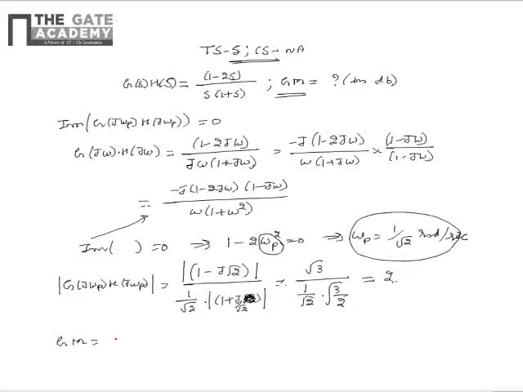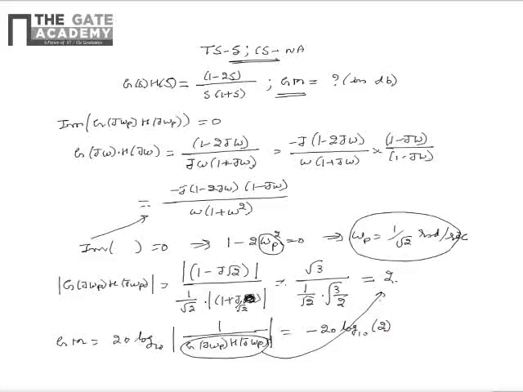So from this, we can say that the gain margin can be written as 20 log 10 of 1 by the magnitude of G(j omega p)H(j omega p). So we already got the magnitude of the denominator quantity that is marked here as 2. So upon substitution, we see that the gain margin of the control system can be written as minus 20 log 2 to the base 10 dB.